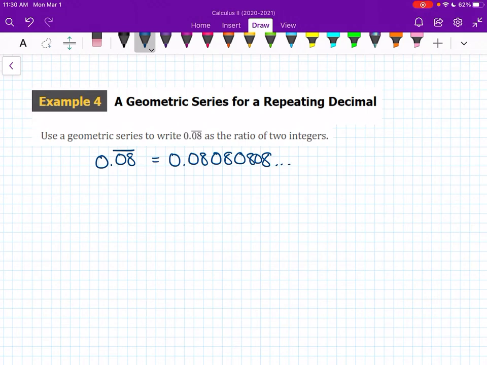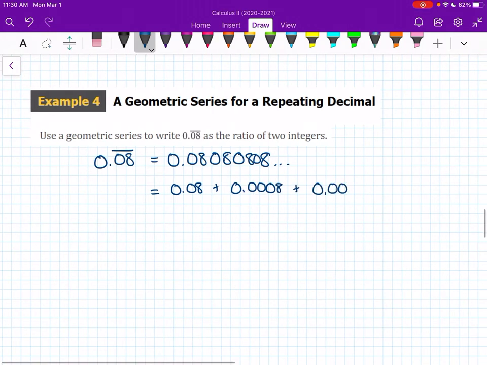If I take every 2 decimal places, I can write this as 0.08 plus 0.0008 plus 0.000008, plus so on and so forth. So we're dividing it up by 2 decimals, which is every 100th.